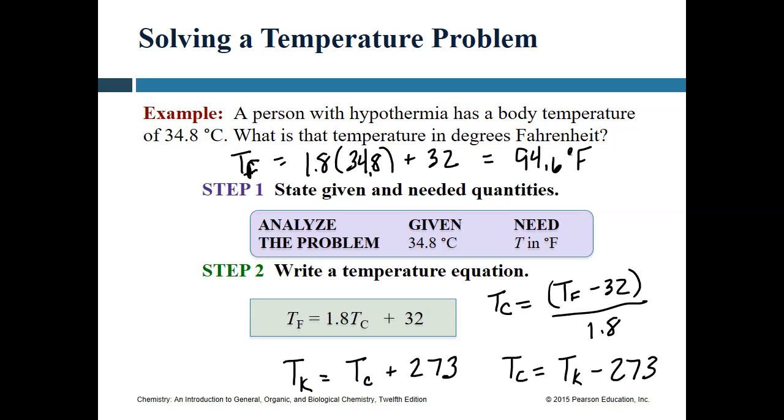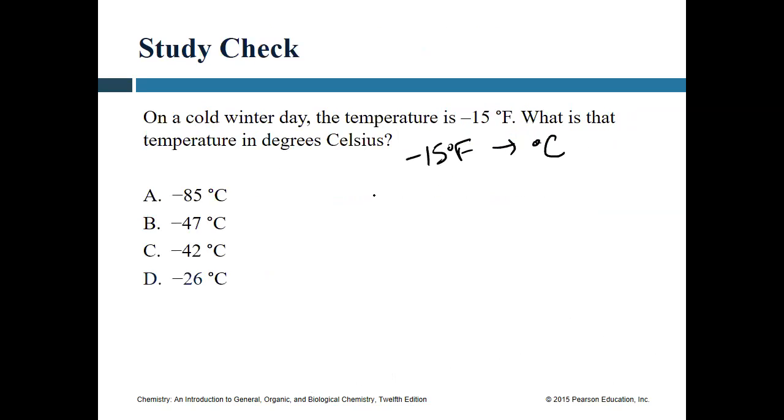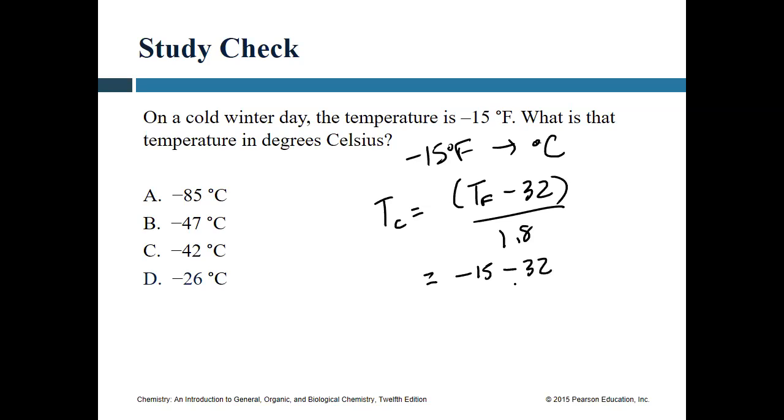I could put it in here, but I would then have to subtract 32 from each side and divide by 1.8 to get that TF by itself. That equation we wrote to the right is the easier equation to use. So TC is equal to TF minus 32, divided by 1.8. -15 minus 32 over 1.8.